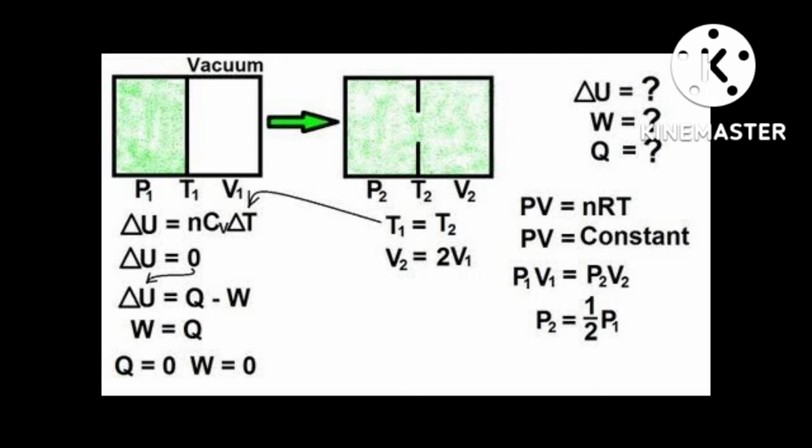At this stage, if any process is carried out at constant volume, that means delta V is equal to 0, then what will be delta U? Just see the relation I told you.